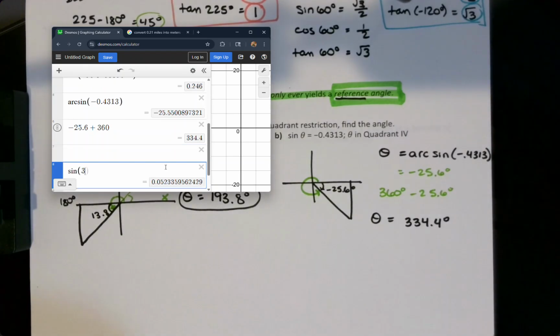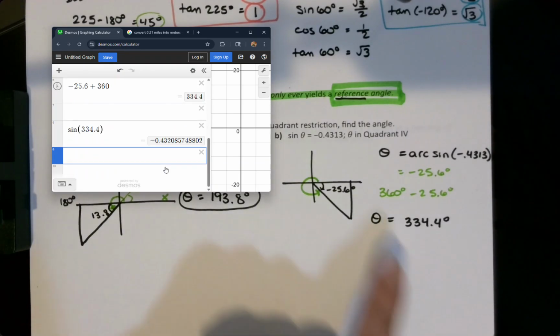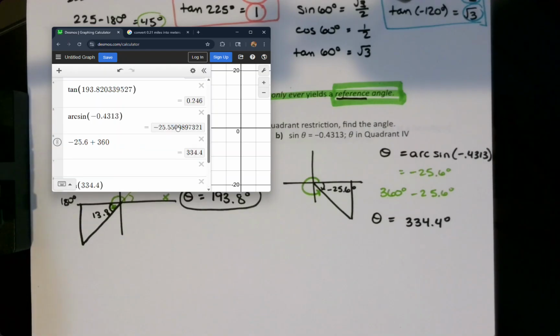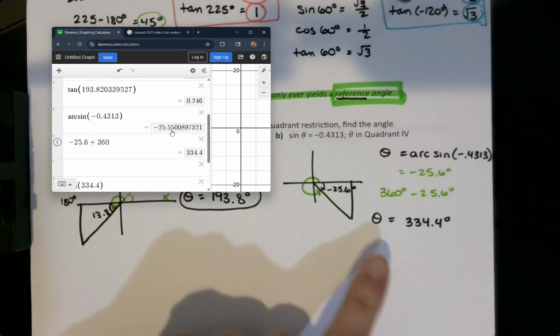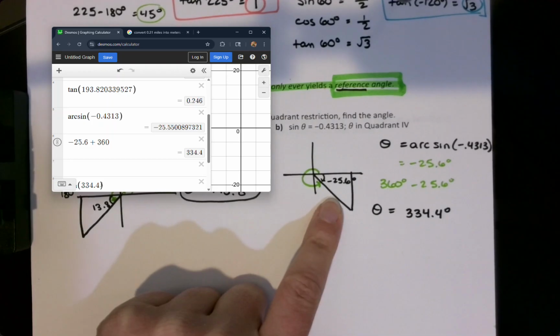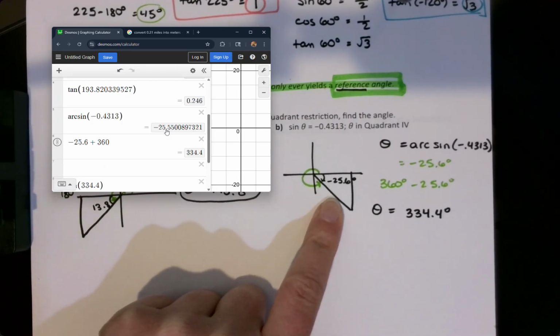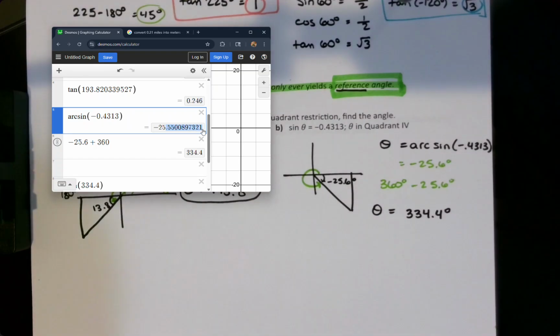The sine of 334.4 should come out to the negative 0.4313. I don't have exactly that because I did round off a bunch of decimal places. Let me keep a few more decimal places right here.